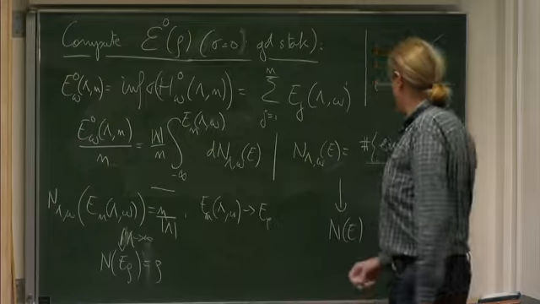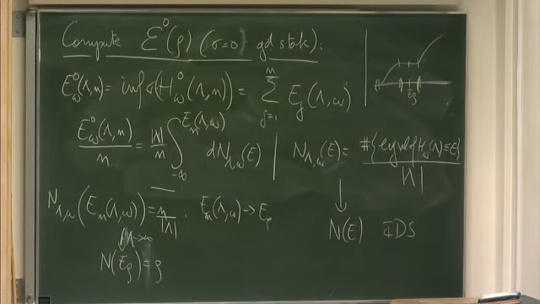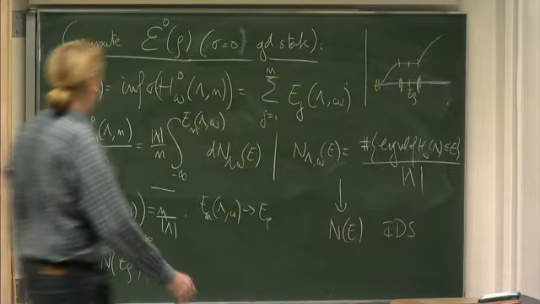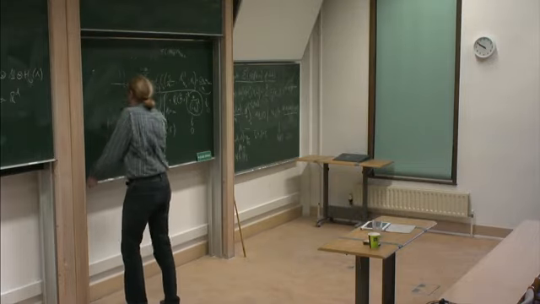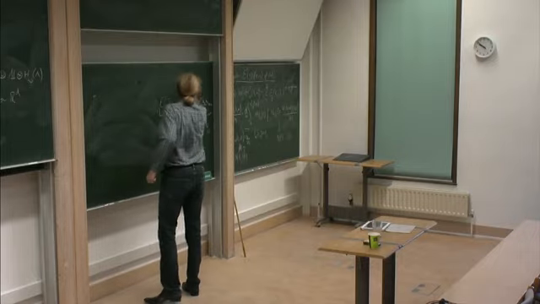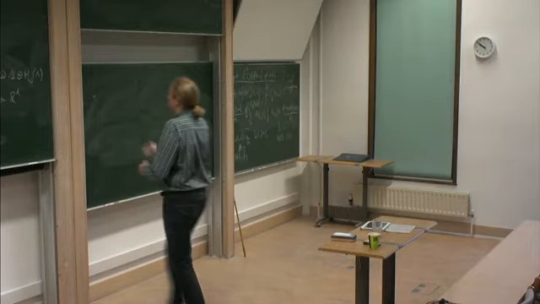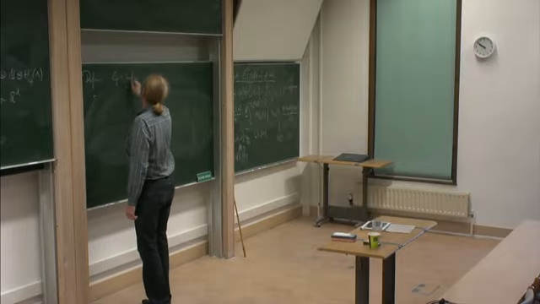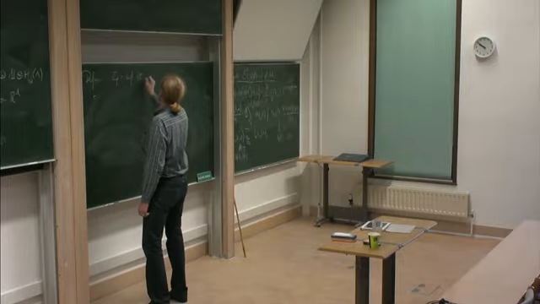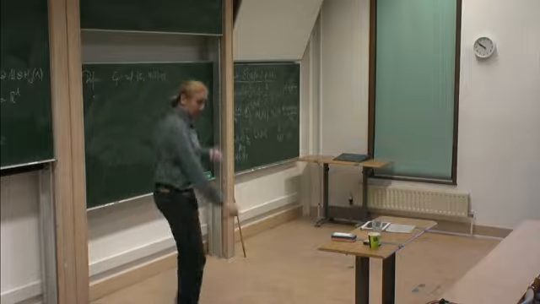Okay. And so once you've done this, what you get is just the following. You just define E_rho to be the infimum of all the energies such that n of E equals rho, right?